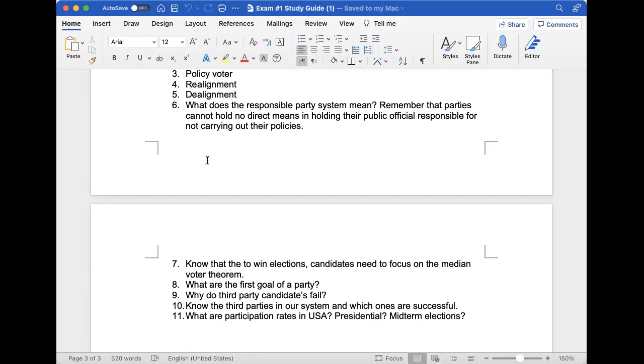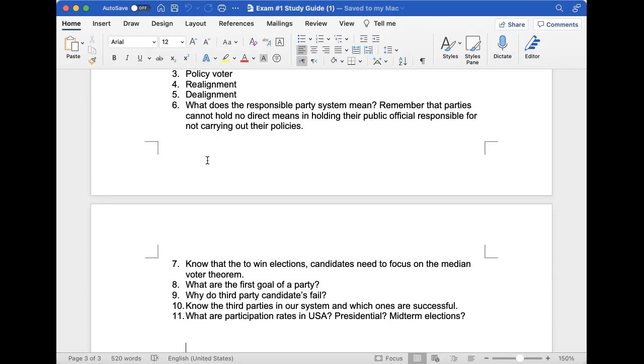But in order to win an election, you have to appeal to the ideological middle. So you have to be able to move yourself along the ideological spectrum in order to gain votes, because that's where the majority of the votes are going to be. And as with anything, the first goal of the party is always to win, right? That's the first goal of the party.